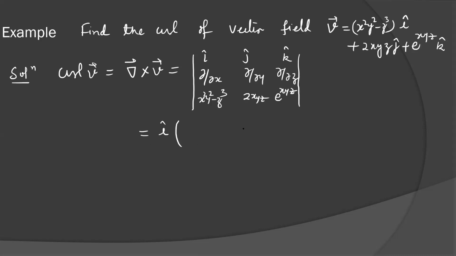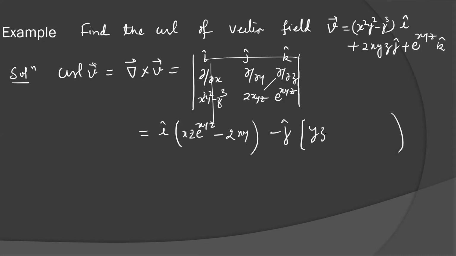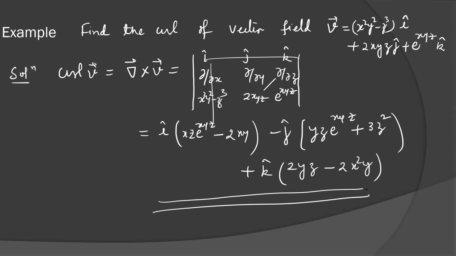For the i term, we take differentiation with respect to y, which becomes xz e to the power xyz, minus differentiation with respect to z, which becomes 2xy, minus j. Similarly, you do for the j term. It will give you yz e to the power xyz plus 3z square, plus k. You will get 2yz minus 2x square y. So this is the curl of the given vector field.